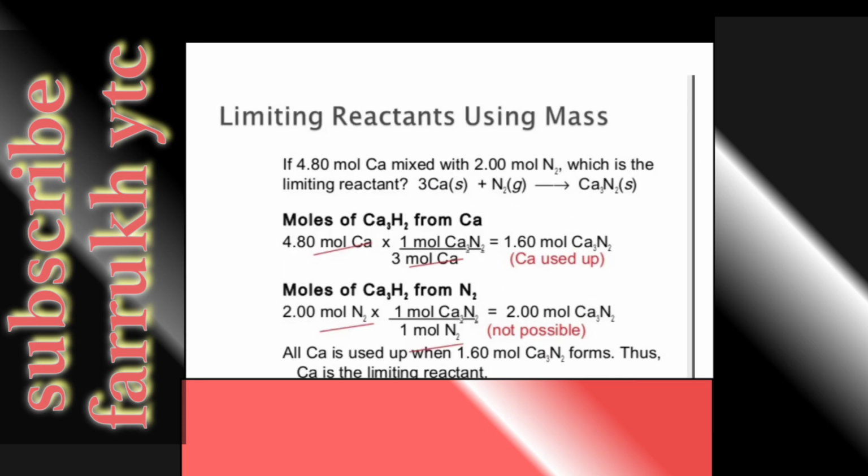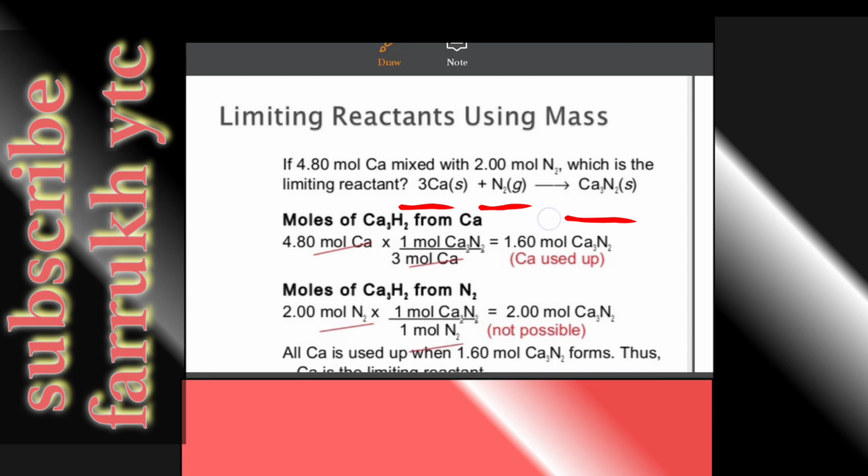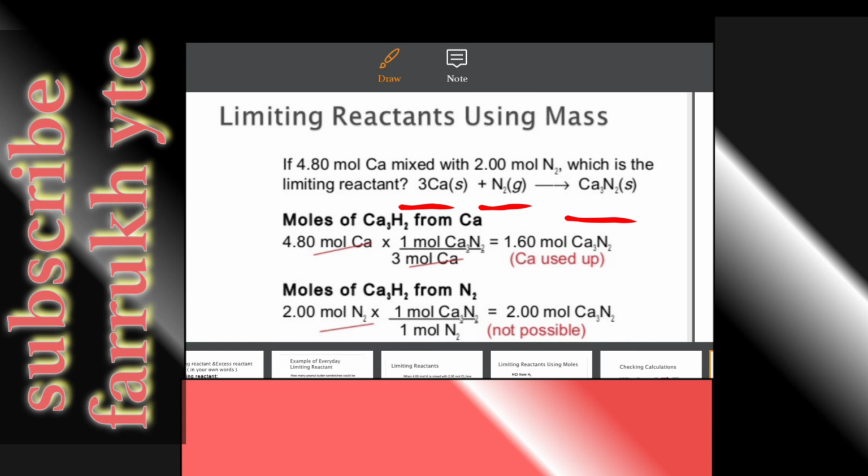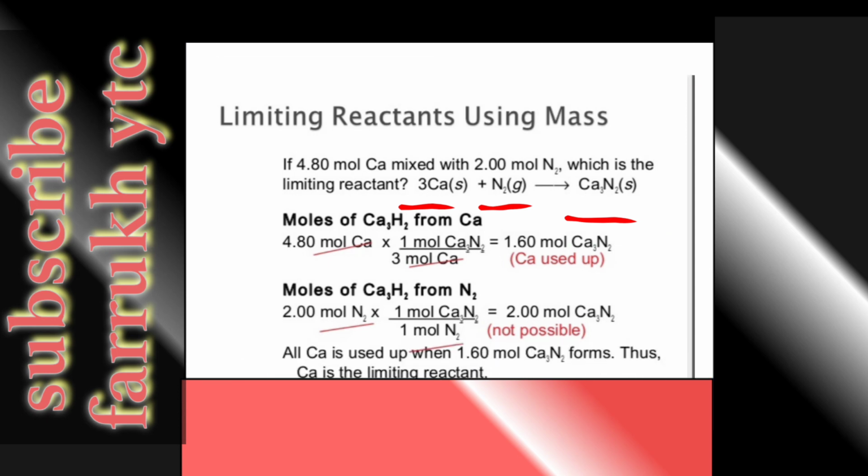Here is another example. We have 3 mole of calcium which reacts with 1 mole of nitrogen and produces 1 mole of calcium nitride. We are going to find out the limiting reactant, either calcium or nitrogen. Let's move toward our question.